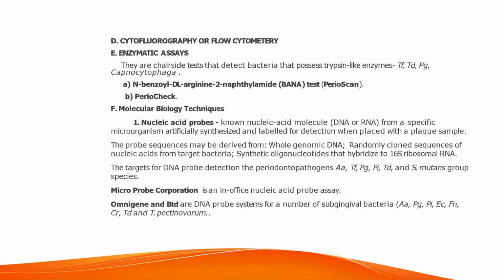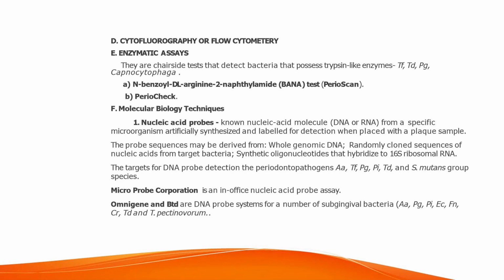Then further, we also have cytofluorography or flow cytometry and enzymatic assays. The term itself suggests that certain enzymes like N-benzoyl-DL-arginine-2-naphthylamide, the BANA test, or Periocheck could be used for detection of certain microbes, to further detect if the disease is present or not. Then molecular biology techniques like nucleic acid probes.